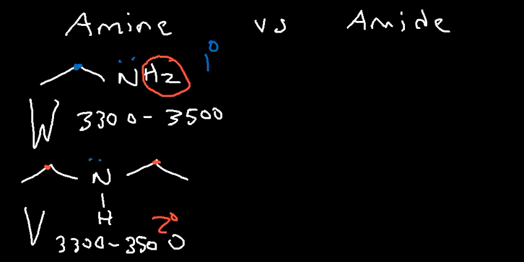Now, a good way to remember this: if you see two hydrogens on an amine, look for two peaks. If you see one hydrogen on it, look for one peak. But just because there's two hydrogens, that really doesn't explain why there's two peaks, though. The real reason behind this is due to symmetric and asymmetric stretching. Now, let's say you have a primary amine.